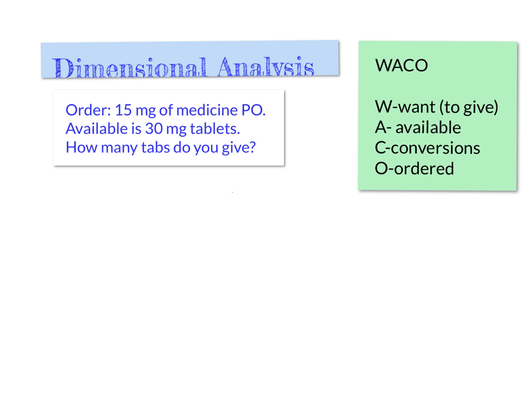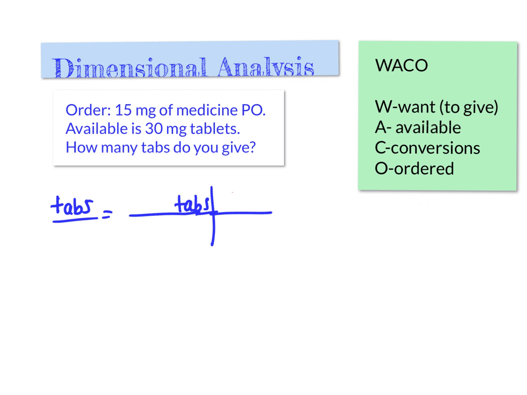I have 15 milligrams of medication ordered PO by mouth. Available is 30 milligram tablets. How many tabs do you give? Okay, well, let's start with what do I want to give? I want to give tabs. Going on top. Okay, tabs on top.